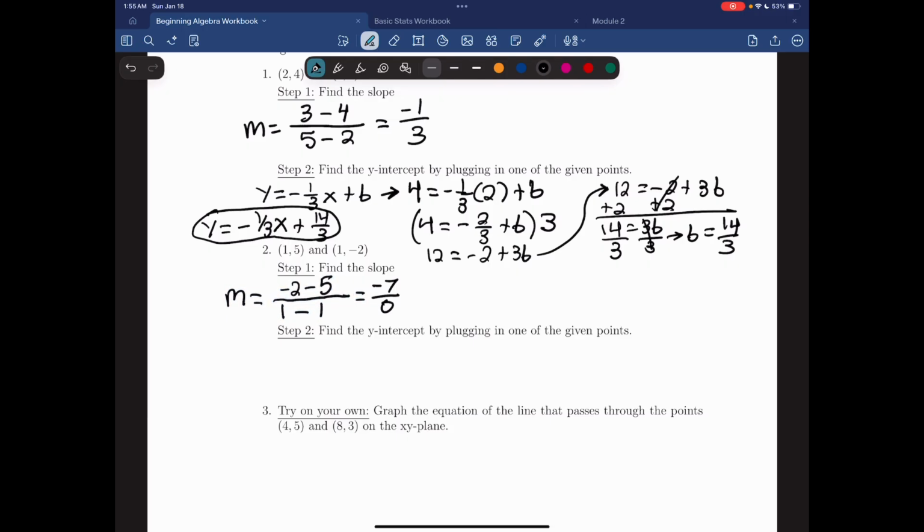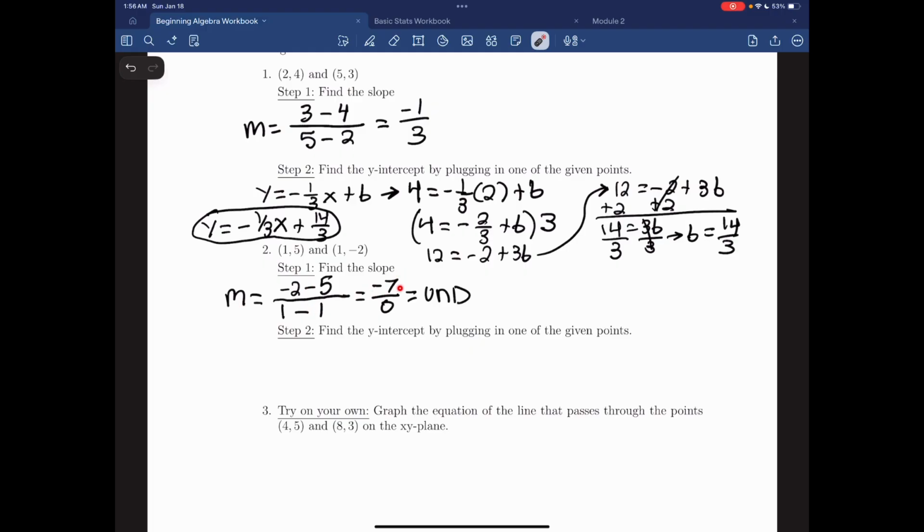So what happens now? Whenever you get some value divided by 0, when we're talking about slope, this means something special. It means that our slope is undefined. The slope is undefined because, think about it like this. Recall, slope is rise over run.